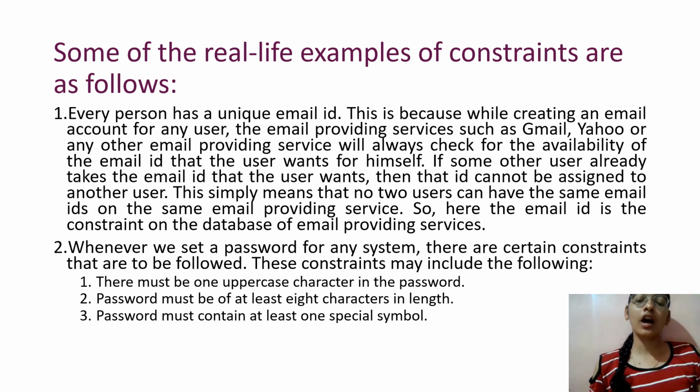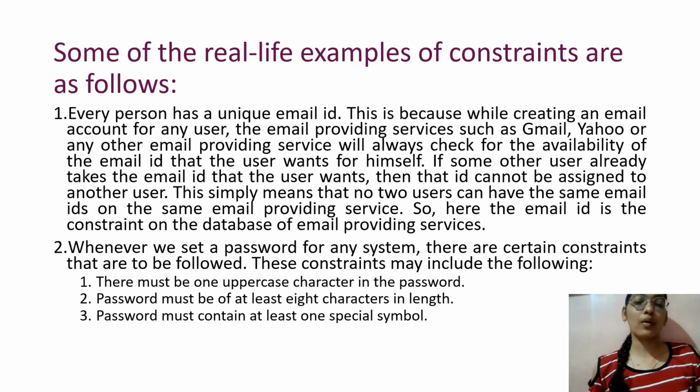If some other user already has that email ID, then it can't be assigned to another user. This simply means that no two users can have the same email ID from the same email providing service. So here the email ID is a constraint on the database of email providing services.